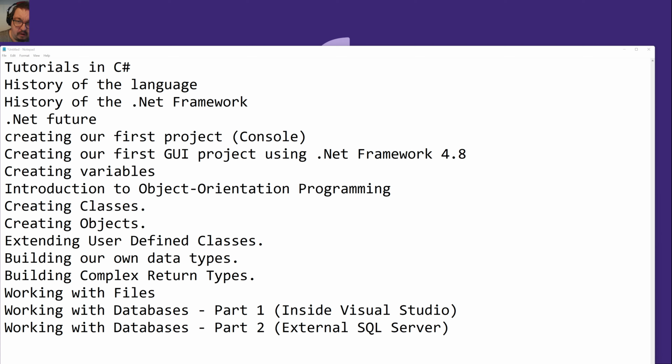We'll also then talk about the history of the .NET framework and what has been added over the years, because it is quite an extensive history lesson there with both the language and the framework. Then we'll be talking about what is the future release cycle of the .NET framework.